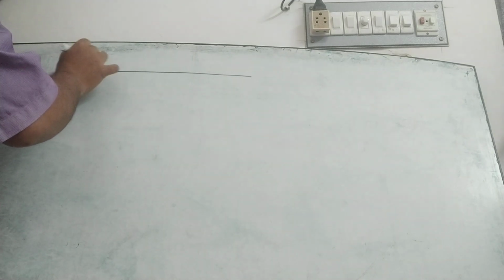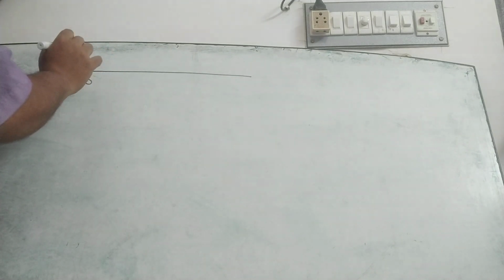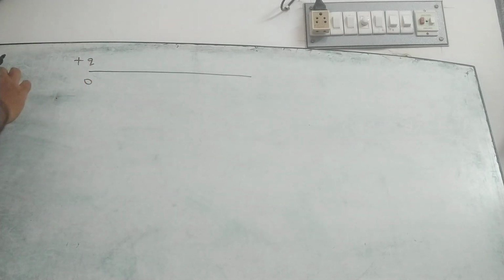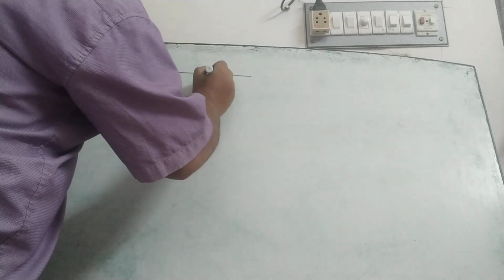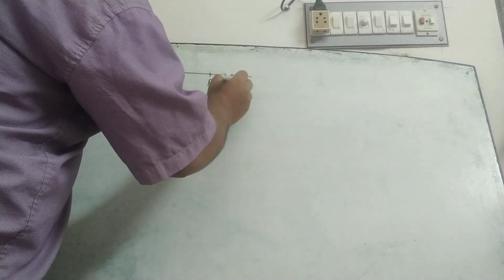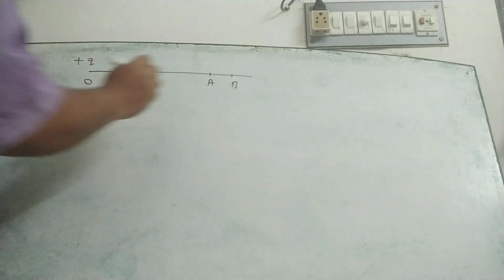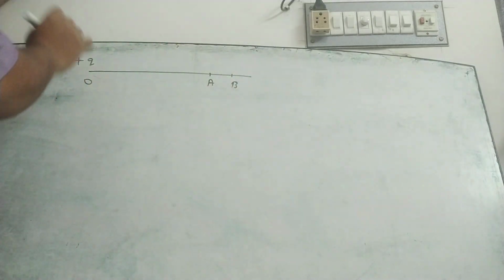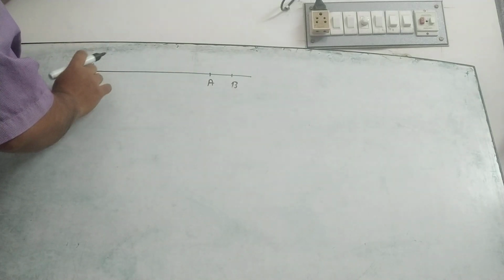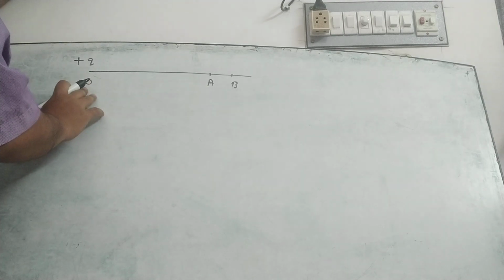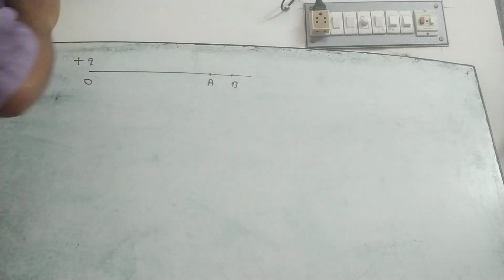Let a plus q point charge be placed at a point O. A and B are two points which are collinear with the point O. That is, points O, A and B are collinear.